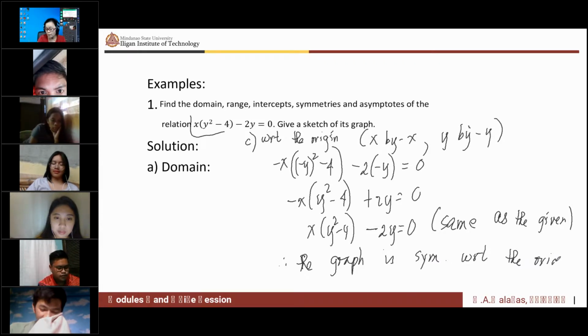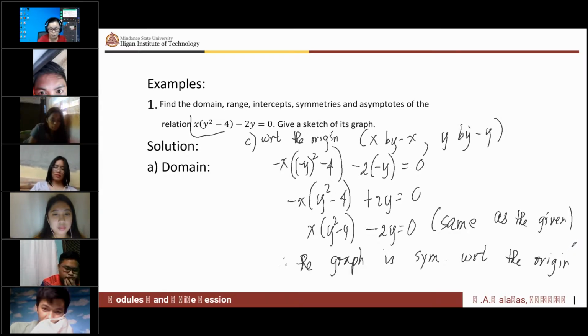Okay, so we now have information. The domain is R, the range is R minus the set containing plus or minus 2, the origin is the only intercept, and the graph is only symmetric with respect to the origin.